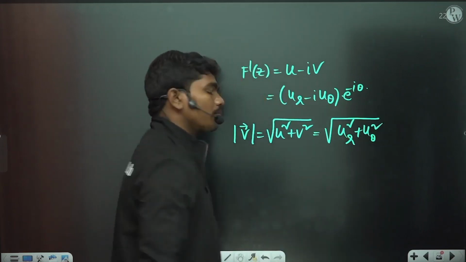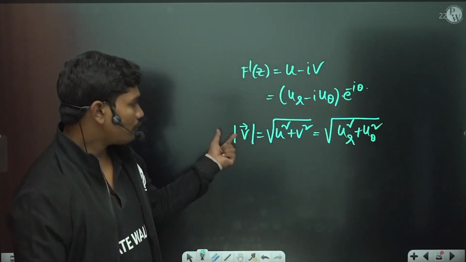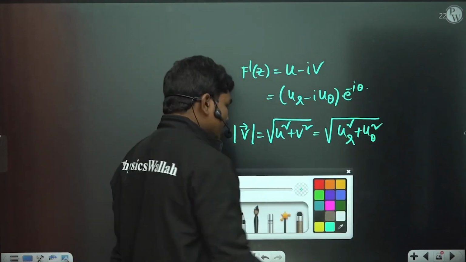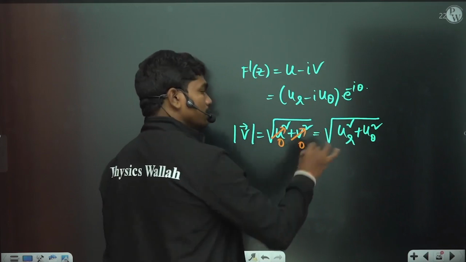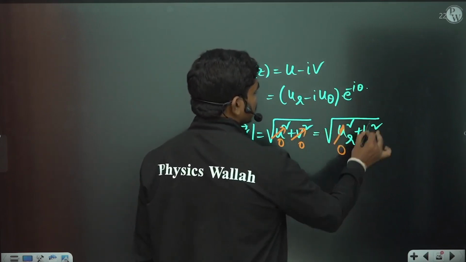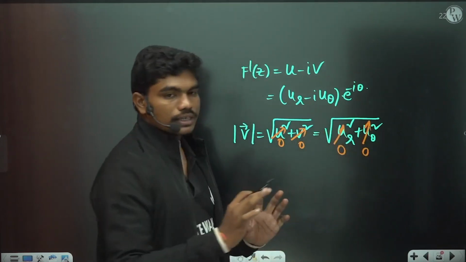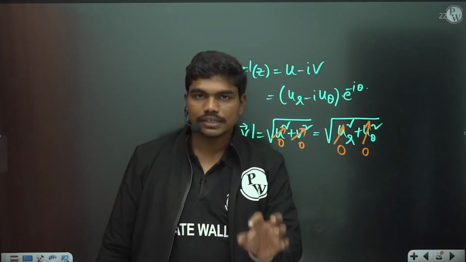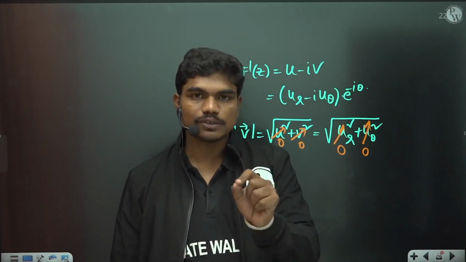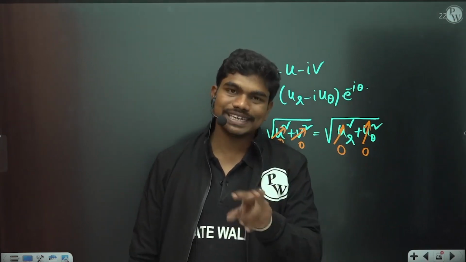If this magnitude has to be 0, then both quantities have to be 0, so individually u and v should be 0, and similarly u r and u theta. Therefore the magnitude of velocity is 0 only when both components of velocity are 0.